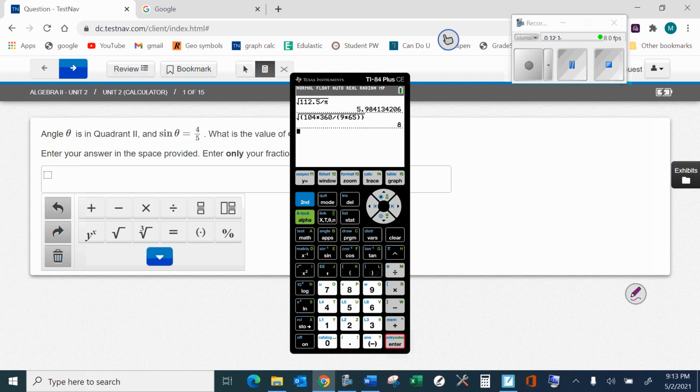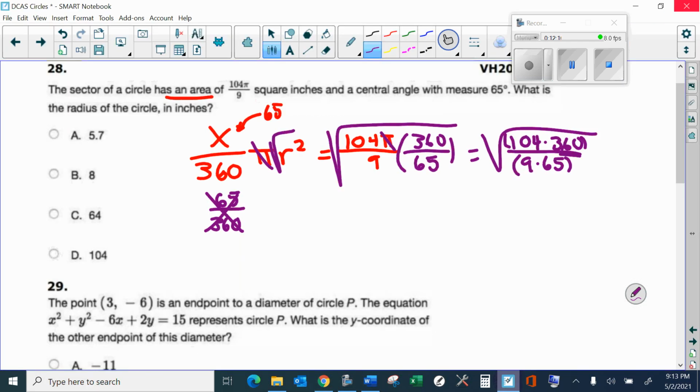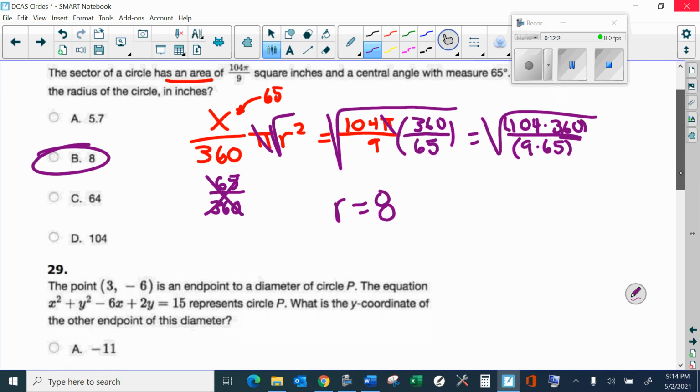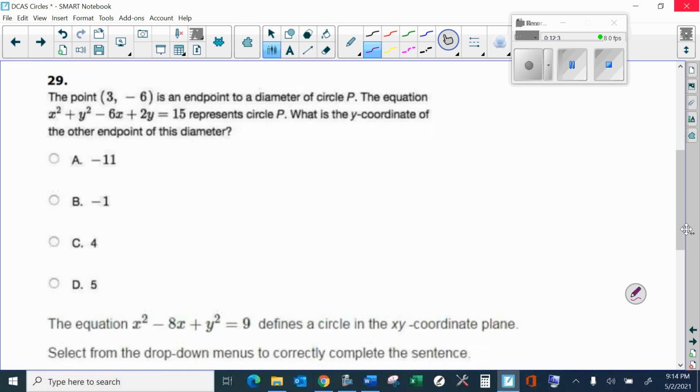Oh, it came out perfect. So the radius is 8. And there we see that answer right there. Sector, guaranteed on here. You have to have that formula memorized. Guaranteed to have one problem on that, no question. Just as you're guaranteed to have 2 problems dealing with equations like this with the circle in standard form and solving it.